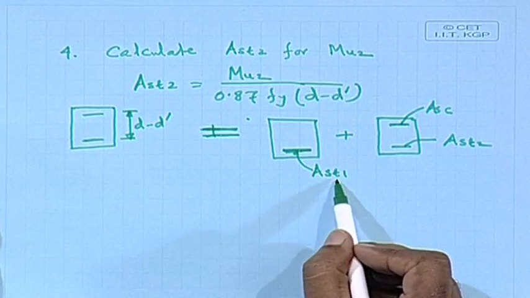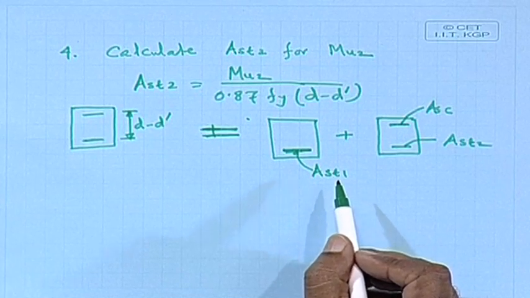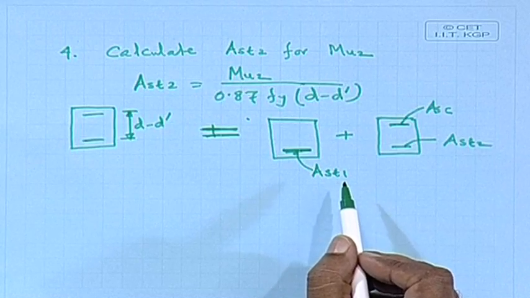Where are you getting AST1 from? AST1 is nothing but that balanced section. Due to the balanced section, whatever reinforcement you are computing, that is AST1.